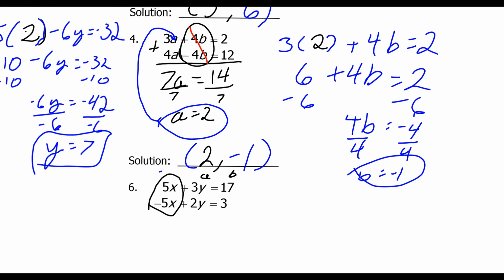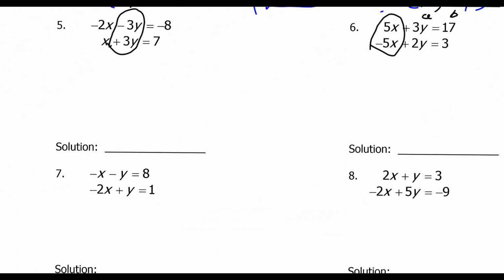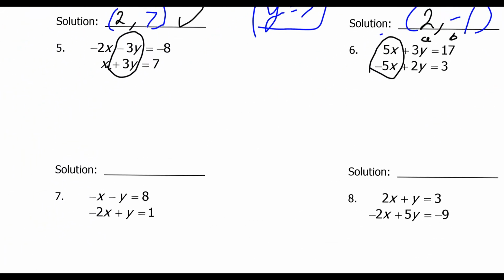So, moving on here. Number 5, okay? As we determined earlier, our zero pair for this one will be the 3 y's, okay? We've got minus 3y and plus 3y, okay? When we go to combine those, it would be 0y and it would go away, okay?